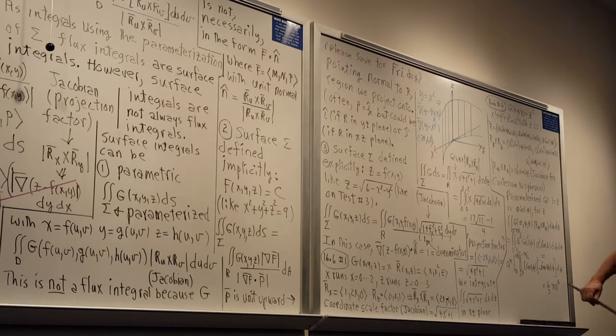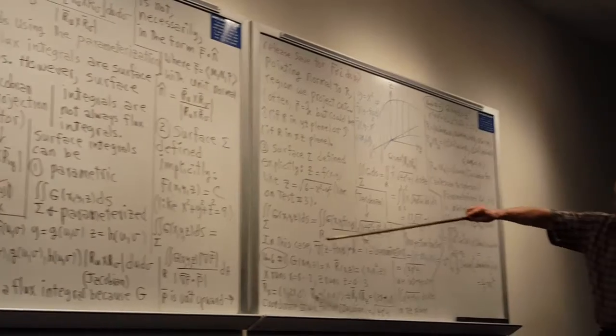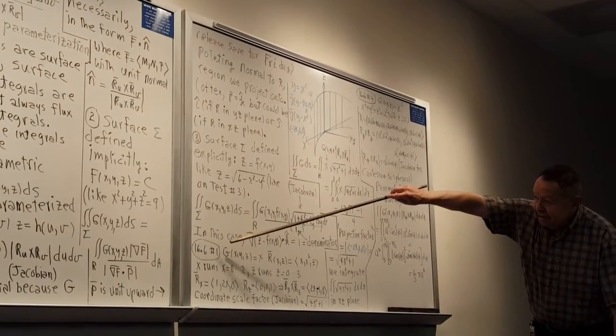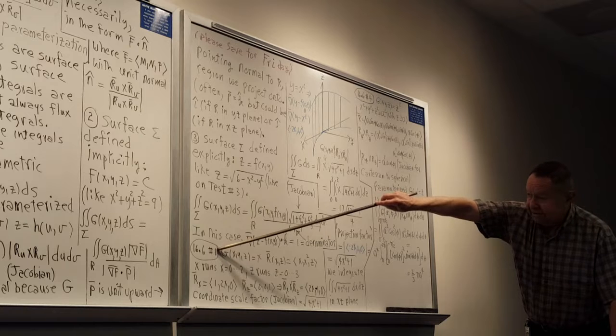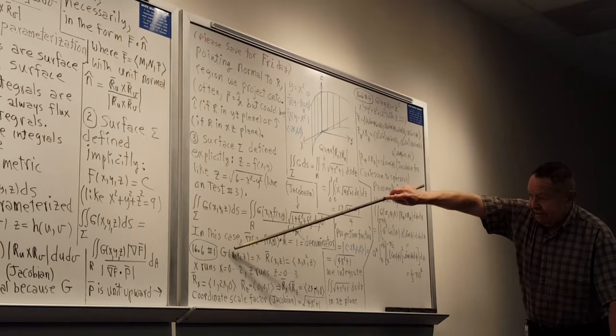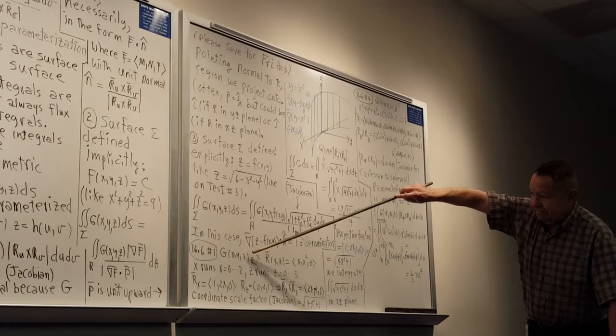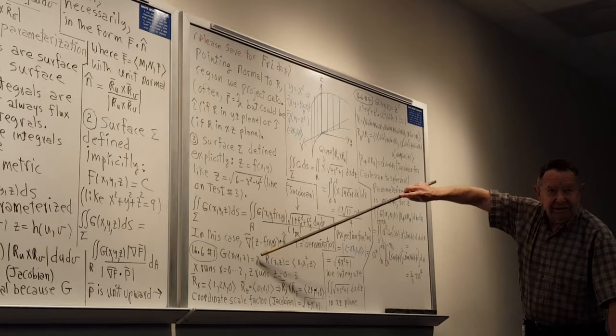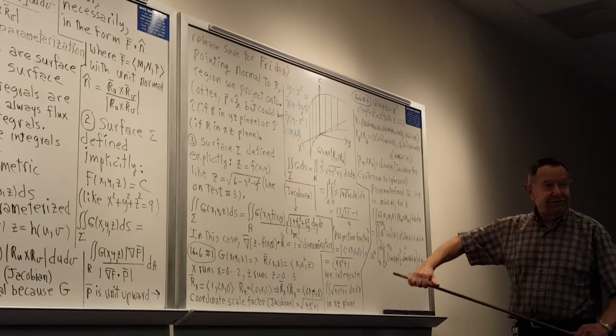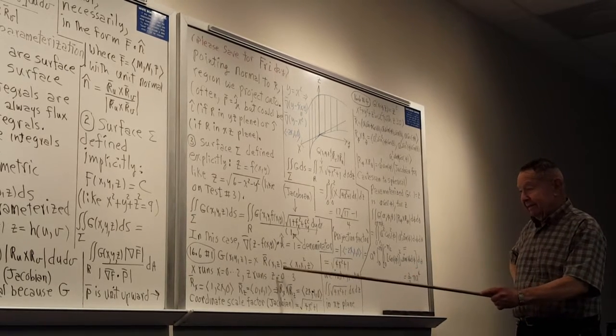So let's look at some examples of this. In problem 1 in section 16.6, we're given the function g of x, y, z is x. So that's like a density function, mass density, charge density, something like that.